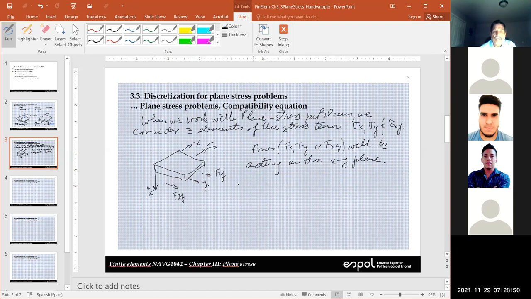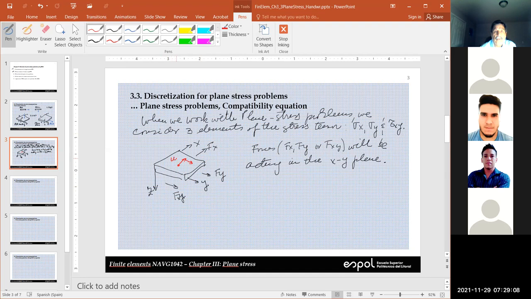In this case, one point here, after we apply this load, can move in the X and also in the Y direction.